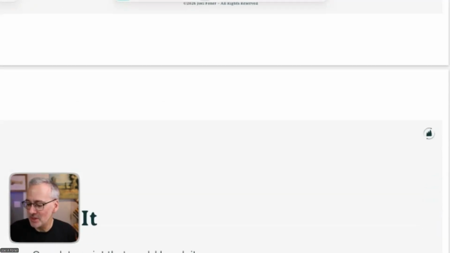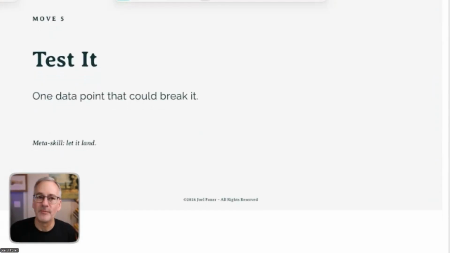So then there's another move, which is test it. Find the data point that could break it. And that's an example of what you did, Joe, right? Where we might get down a conversation and come up with something and it sounds good. But then I'll go mentally hunting for, okay, what's one way that I could throw a wrench in this? Even if it's only partly legitimate. And I'll say that again.